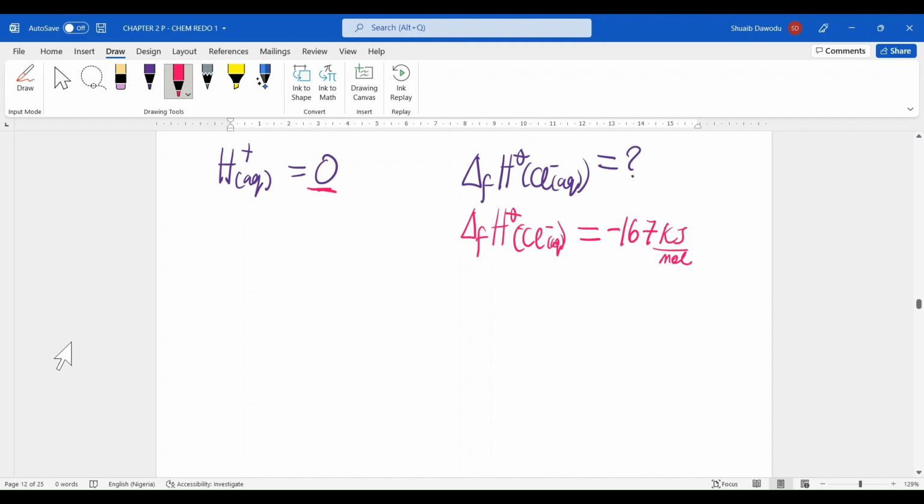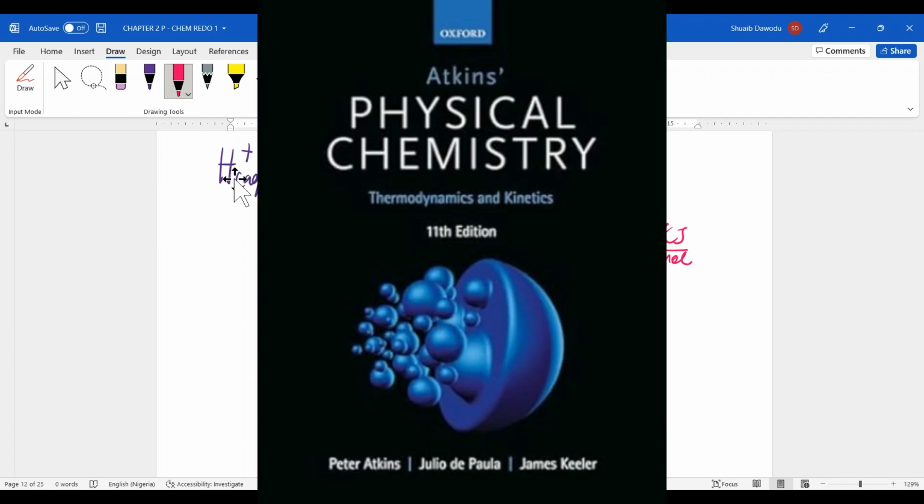For those of you who want a better understanding of this, I'm going to write a short piece of information. If you're asked this question in a test, an assignment, or an exam, you can write this answer. This is using Physical Chemistry by Atkins, 11th edition, as a guide, because this is actually a question from the guide itself.